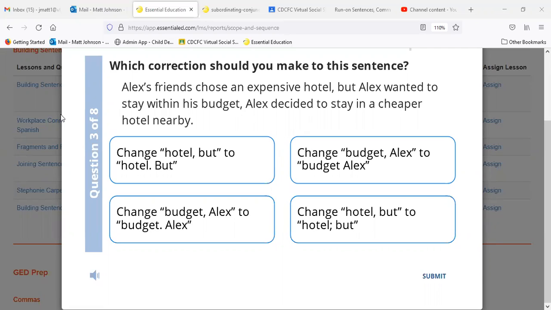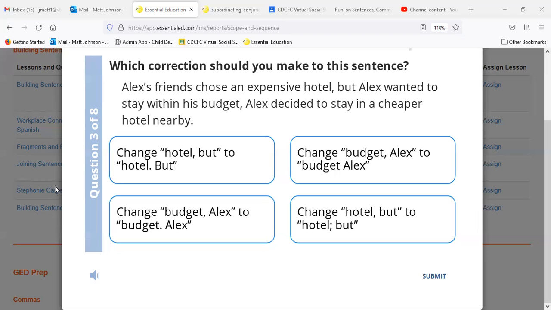Do we have an independent clause though in the next part? Alex decided to stay in a cheaper hotel nearby. So there, yeah, we have another independent clause. That makes a whole sentence. That's a complete idea. Alex decided to stay in a cheaper hotel nearby. Alex is the subject, decided is our verb, and to stay in a cheaper hotel nearby is our predicate.